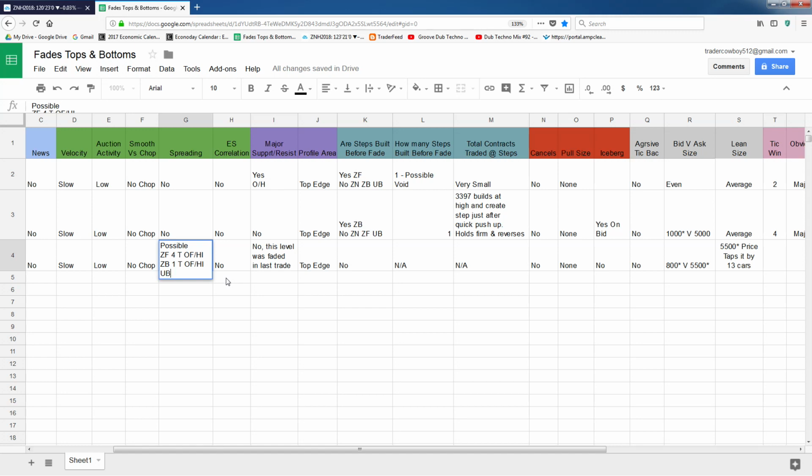UB, 4T off high. And I will throw in the TN because that was basically 2. I'm going to start using the TN because it really seems to be off high.